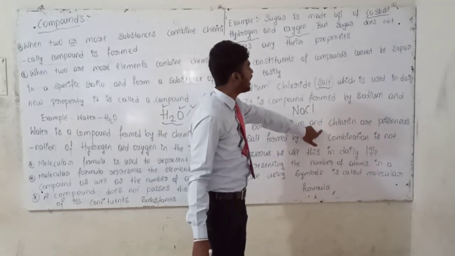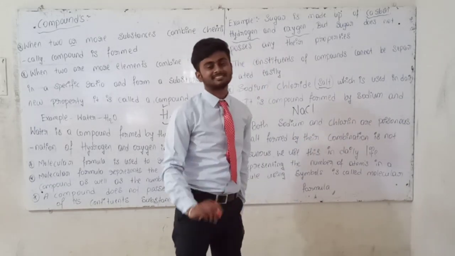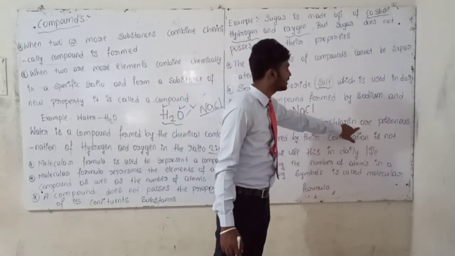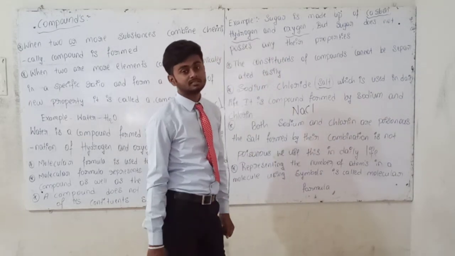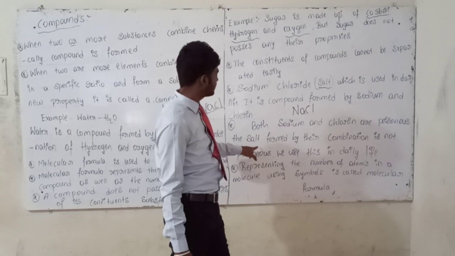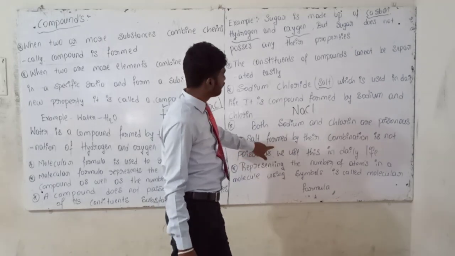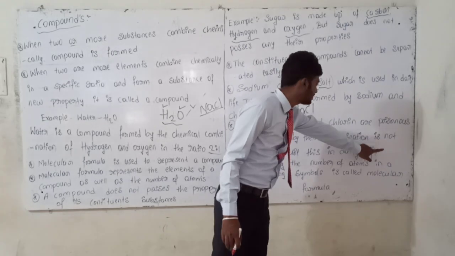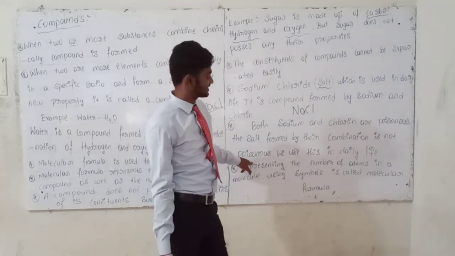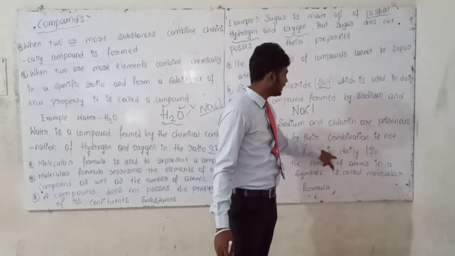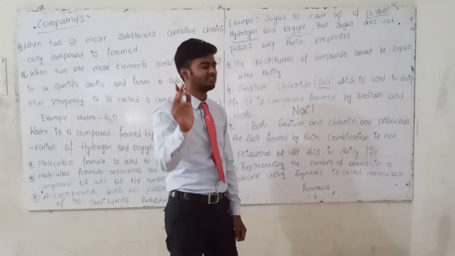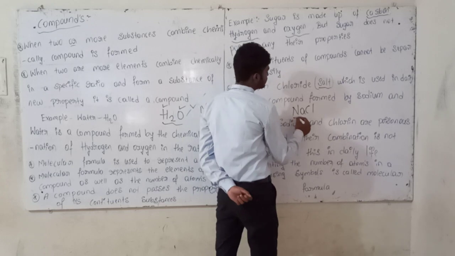Both sodium and chlorine are very poisonous elements, and the salt formed by their combination is not poisonous. We use this in daily life.